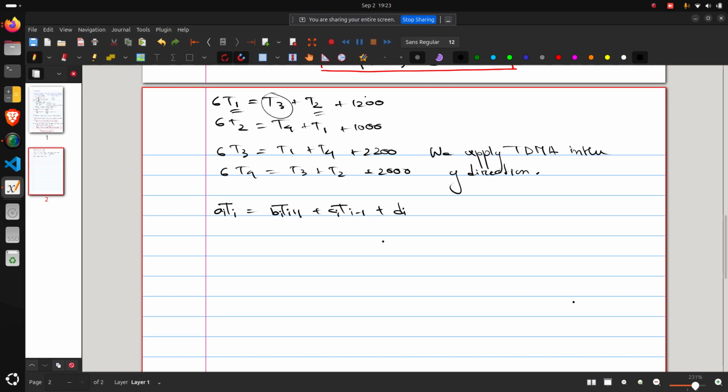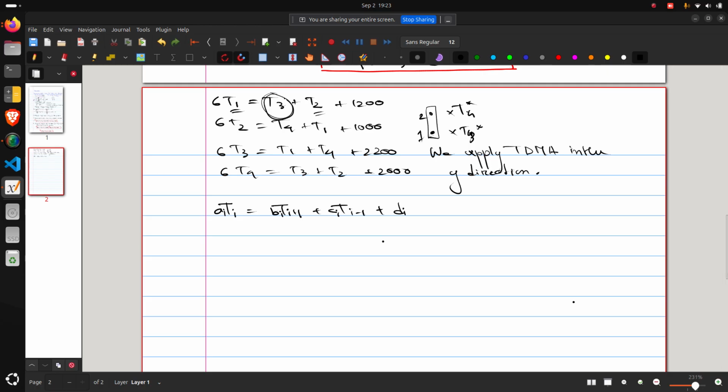For example, cell number 1 and cell number 2 will be in the y direction, and whatever is not in the y direction will take the guess values. So this is T3 and T4, we take T3 star, T4 star.